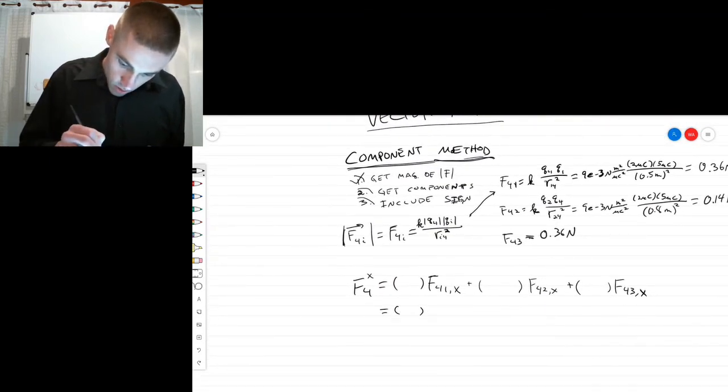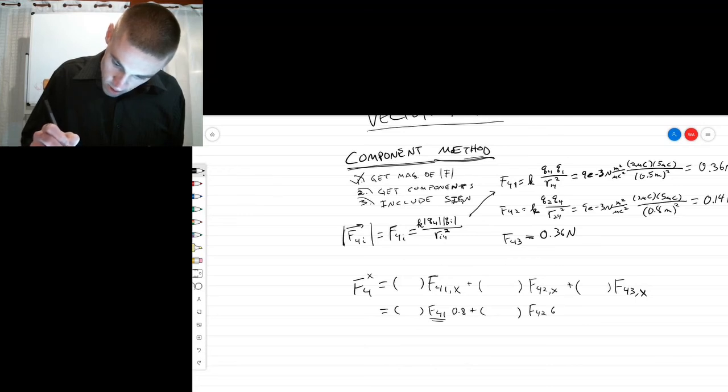I can write that this is F41 times cosine theta, and we've already figured out that that is 0.8, so I'll include 0.8, plus some sign times F42.